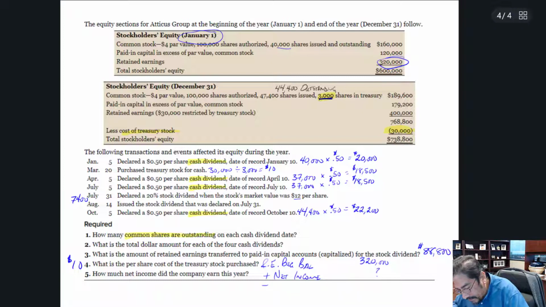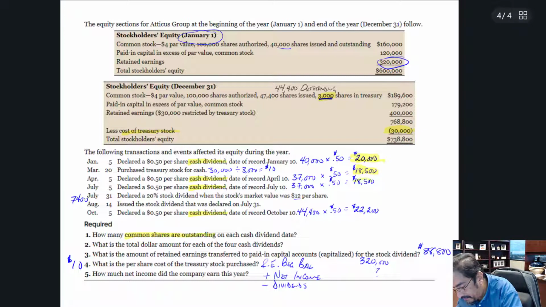Minus dividends. So here is where we subtract out all of those dividends that we paid this year, and that includes the stock dividend.